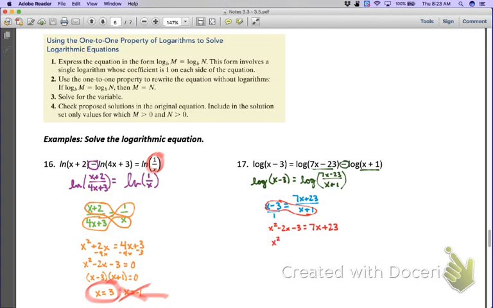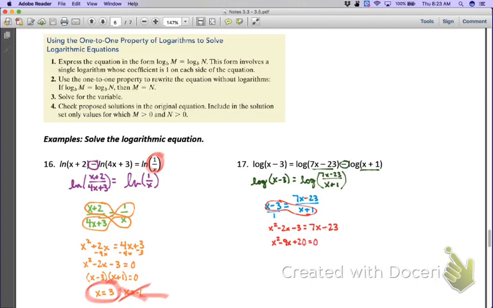Is it supposed to be minus 23? Oh, it is minus 23. Thank you. I did not catch that above. So negative 9x, and then add the 23, so it's going to be a plus 20.